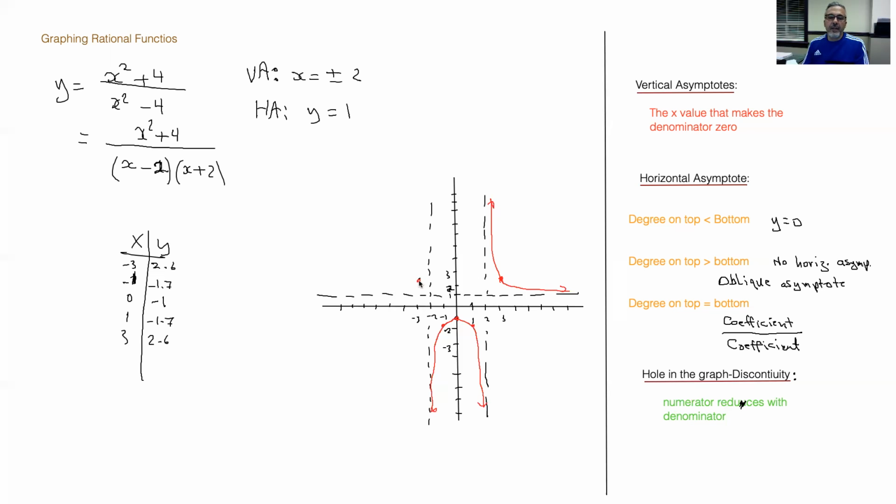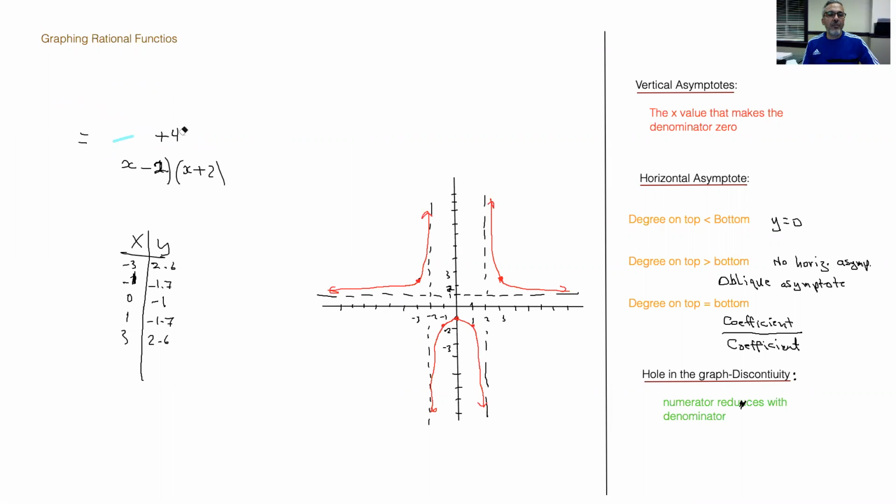The same thing here, you get very close to the vertical asymptote this way, and close to the horizontal asymptote this way. So these few points are efficient enough to graph this with confidence.